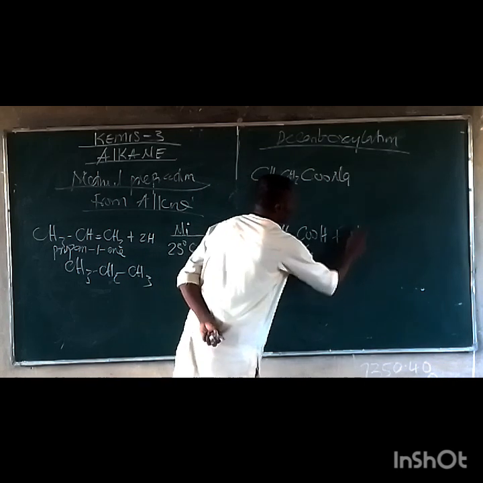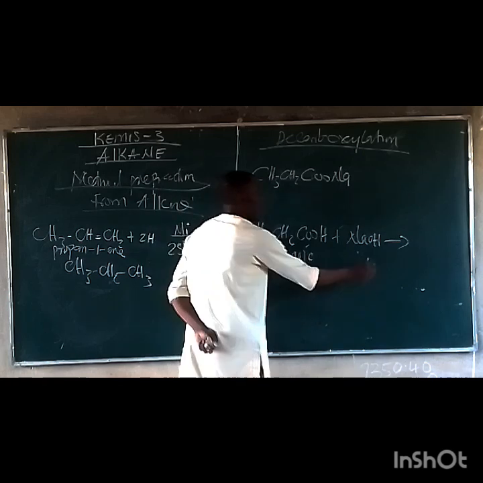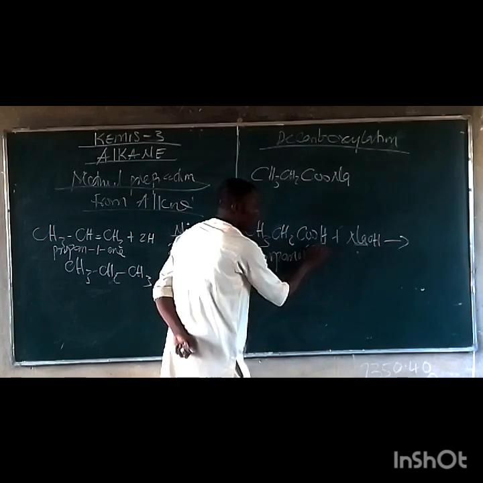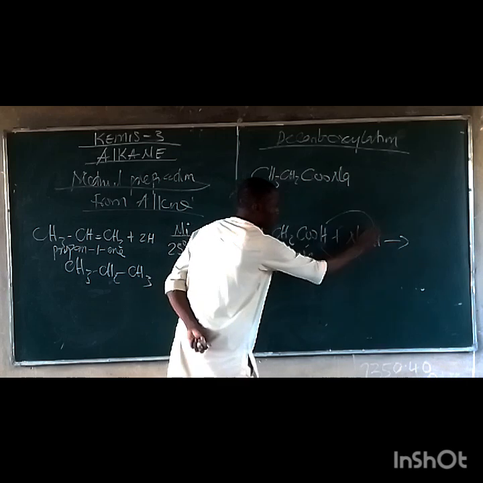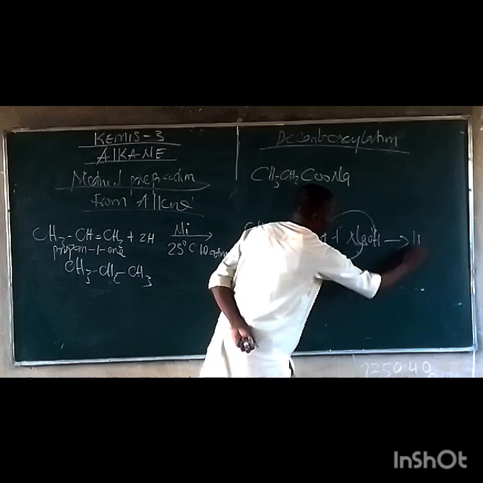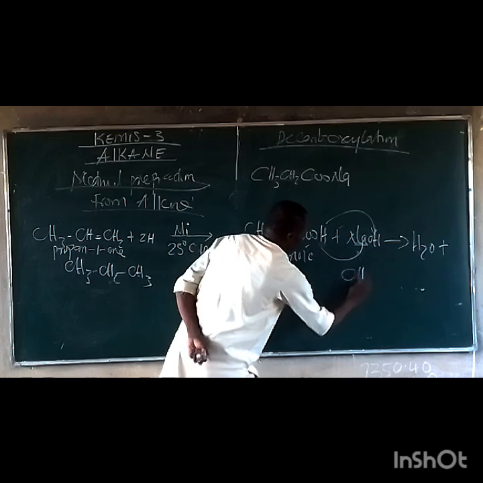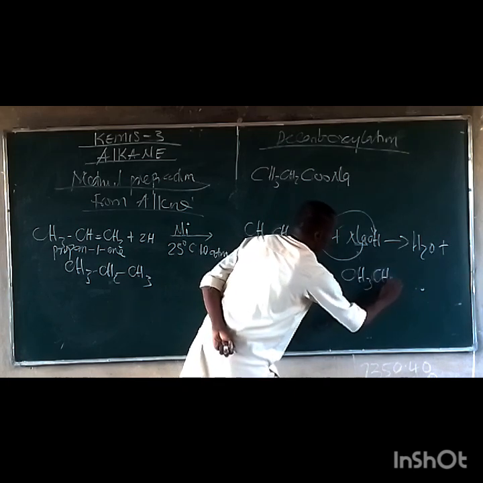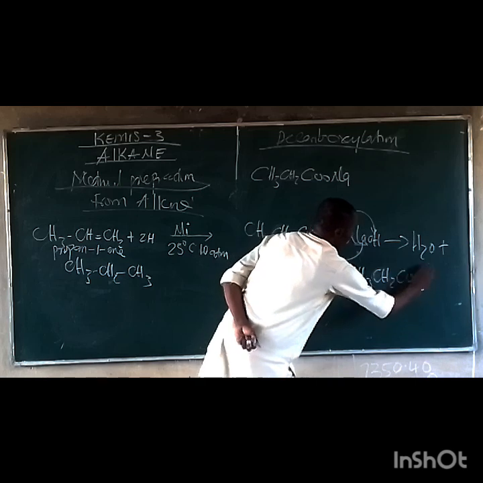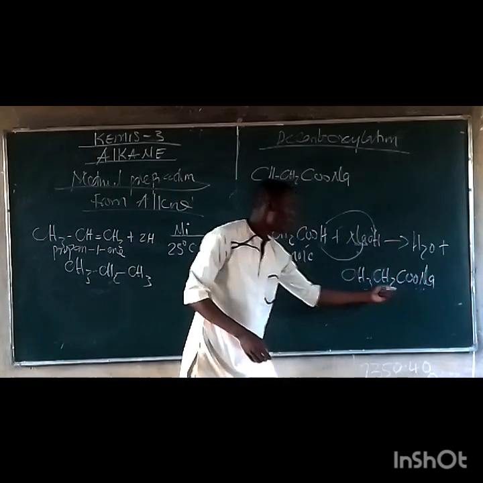If you react it with sodium hydroxide, this sodium will move to this place, and this hydrogen will go and form water. You're going to have water first, and then you have this formula, CH3, CH2, COONa. So this is called sodium propanoate.